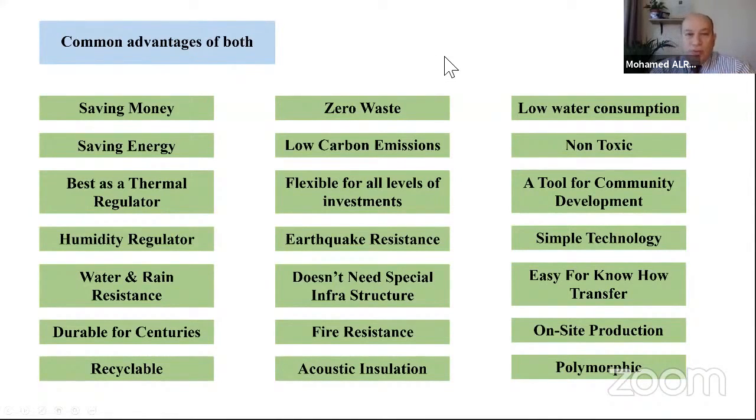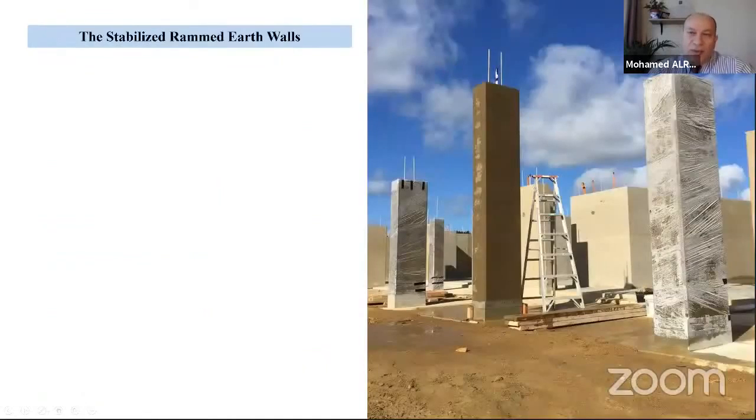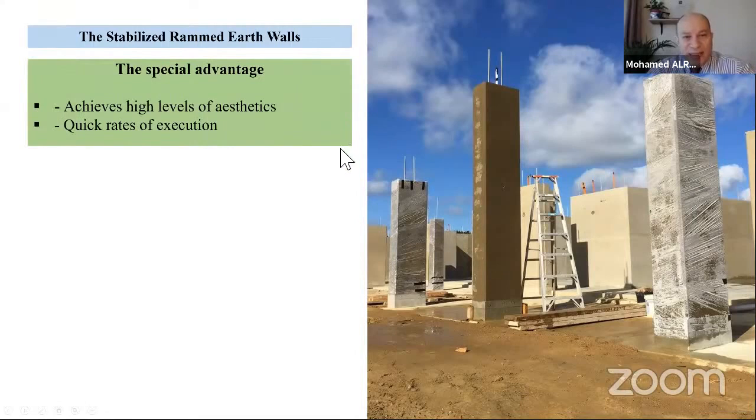But for sure, each one has its own advantages and disadvantages. Starting with the stabilized rammed earth, what are the advantages of this technique? The major advantage is that it achieves high levels of aesthetics. It has a wonderful appearance, especially when we add some coloring oxides, and when the natural soil becomes different in colors and so on.